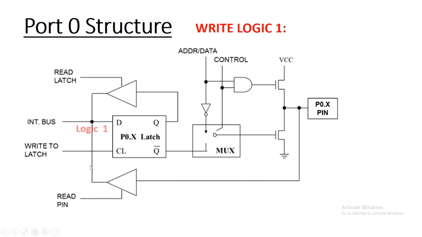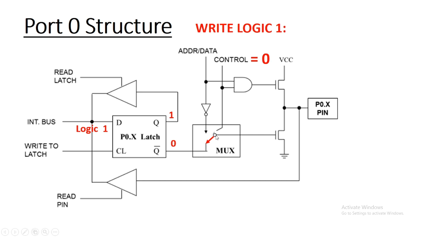So when you write logic 1 to the pin, Q is 1, Q bar is 0, and let's say control is 0. Then the output of this AND will be 0, which will switch off this FET. This control pin is basically used as a selector to select between these two lines.